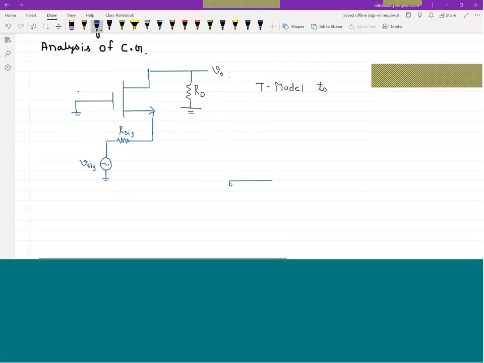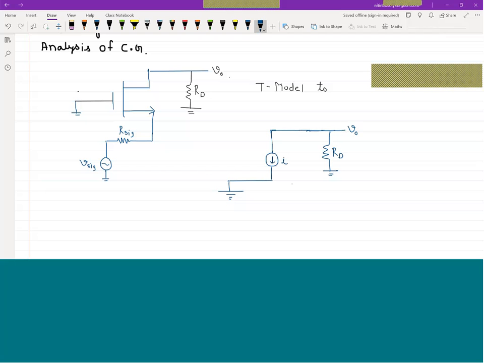This is our gate terminal, which is connected to ground. This is I. This is RD.